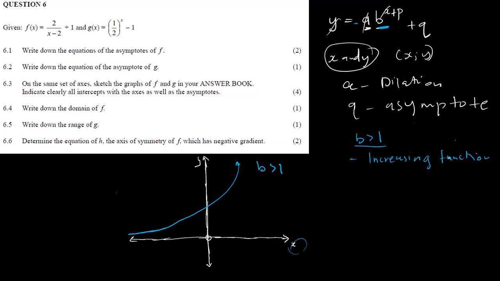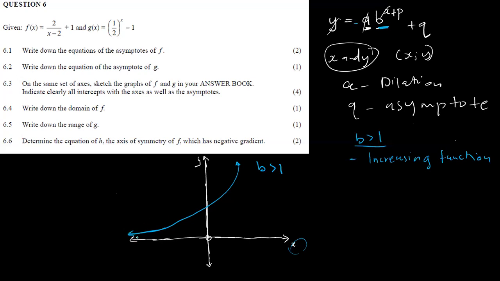Always know that. When the value of b is greater than 1, it could be 1.5, as long as it's greater than 1, it could be 2, 3, 4, whatever. When the value of b is greater than 1, our function is going to be shaped like this.